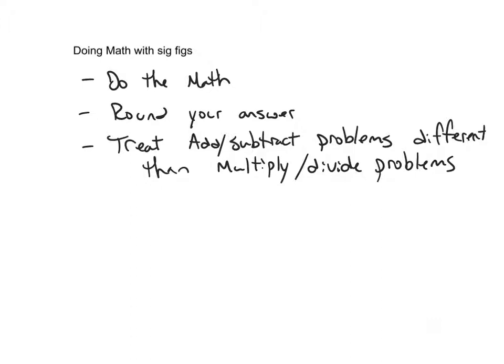For example, if you have 30.0 and add 27.1, the answer is going to be 57.1. Now, this number actually doesn't need to be rounded because in adding and subtracting, you round your answer based on the least precise place value of the numbers you added together.